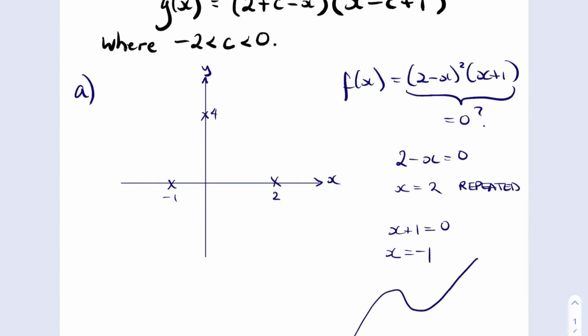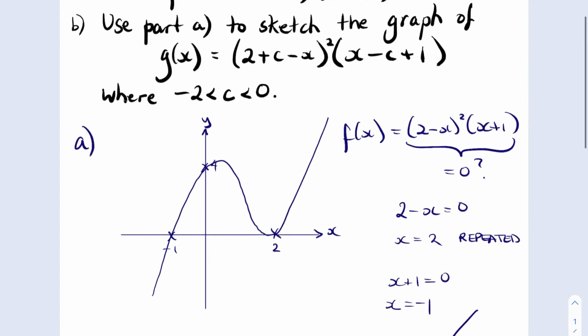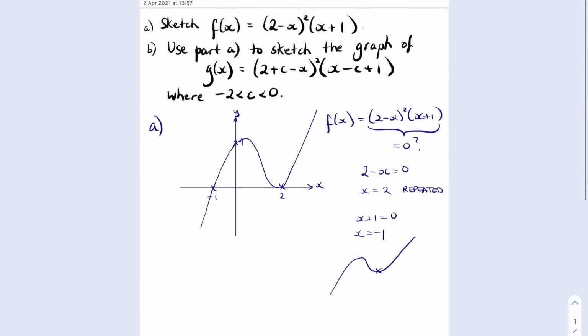So I need to make this shape fit on my graph, making sure that I bounce on and off the x-axis at this point. So let's try and get that like so. That's good enough. Okay, so that's the answer to part A. I've considered the roots, the y-intercept and the shape, and I've put that all together to get my answer to part A, sketching my cubic.